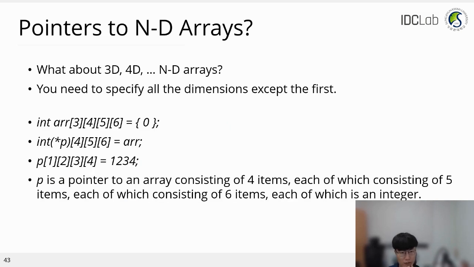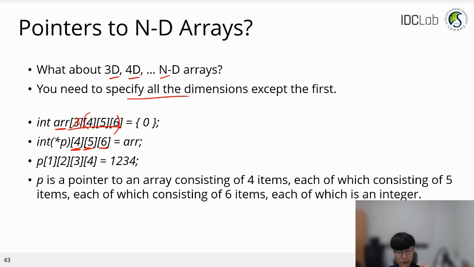And you can extend the previous code to 3, 4, or n-dimensional arrays. The key is to specify all the dimensions except the first, like this. So array is a 4-dimensional array, and if you want to have a pointer to this array, you need to specify all the dimensions except the first.